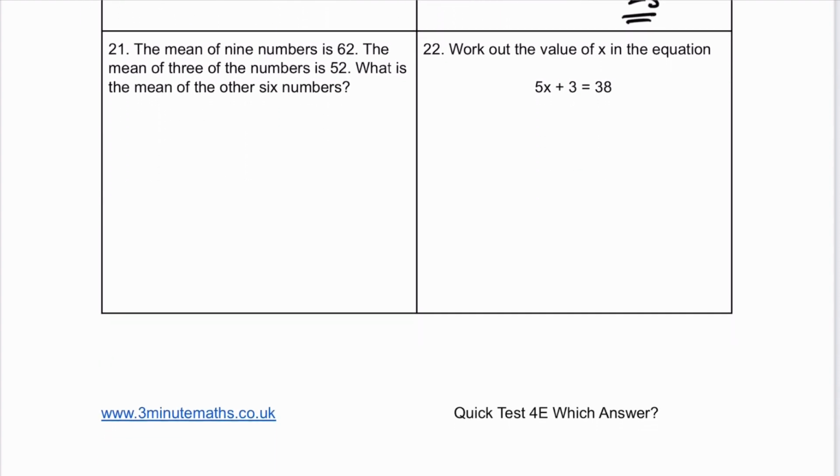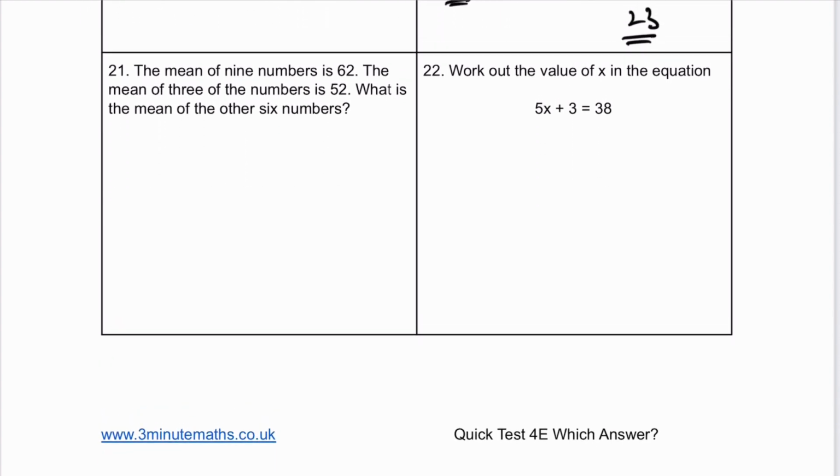So we've got the mean of 9 numbers is 62. So let's just concentrate on that first statement. So mean equals total divided by number. Okay, so for the first 9 numbers, I'm going to have a mean of 62.